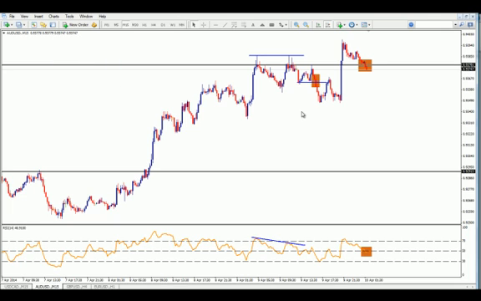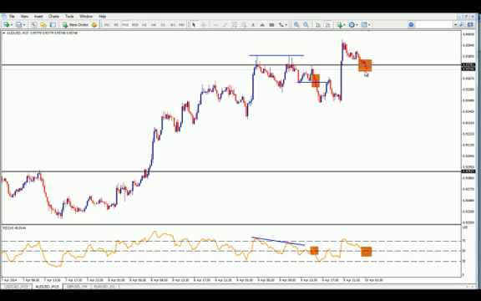Let me just put a rectangle here after the divergence. We have here a break below the last low, and we also have a sharp drop in the RSI below the 50 level. So here we also have a signal to buy puts on the Aussie US dollar 50-minute chart, and you can use the hourly expiration that would have expired in the money.